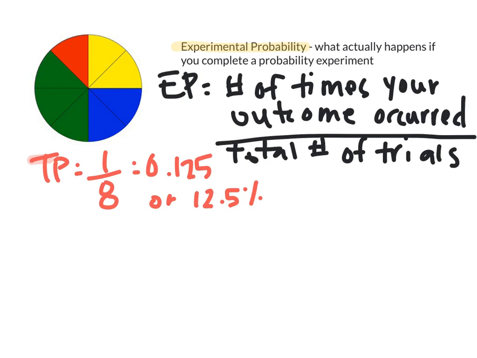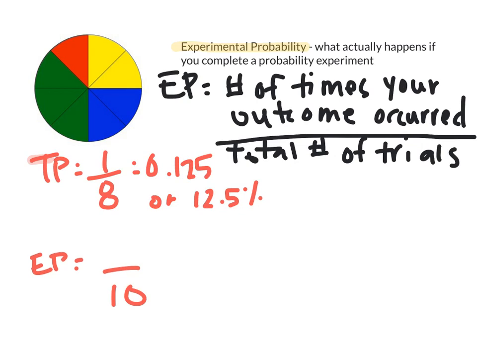So we can use that to predict what we think would happen. Let's say we did our experiment 10 times. How many times do you think we would land on red? Well, it has a 1 in 8 chance, so maybe somewhere between 1 and 2 times.